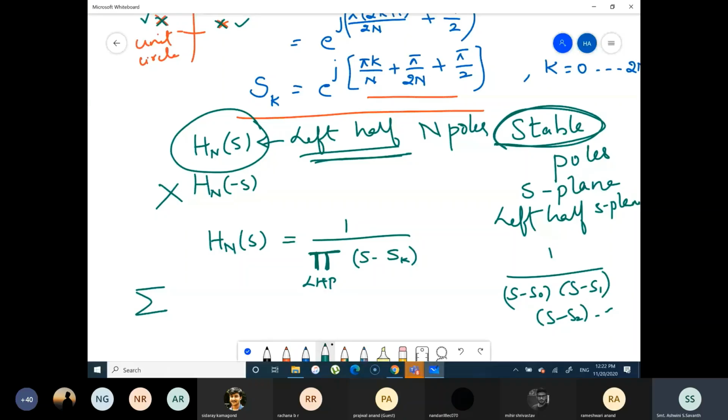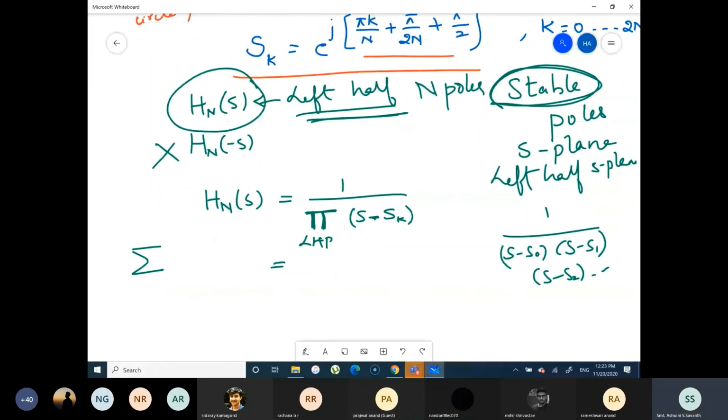Product of the poles. So all we are going to assign to Hn of S, and that will be my desired Butterworth filter transfer function.